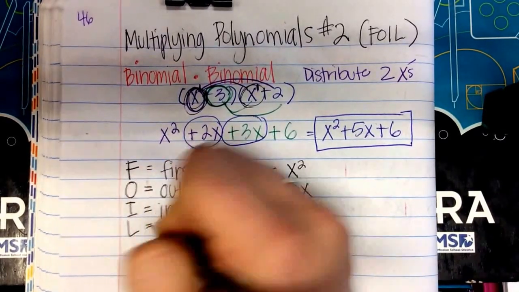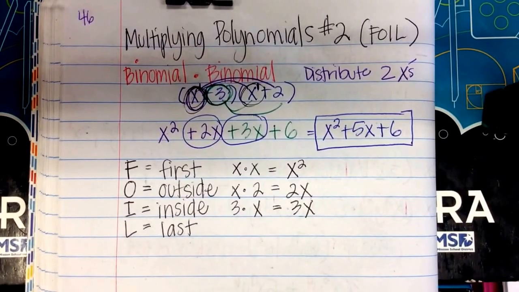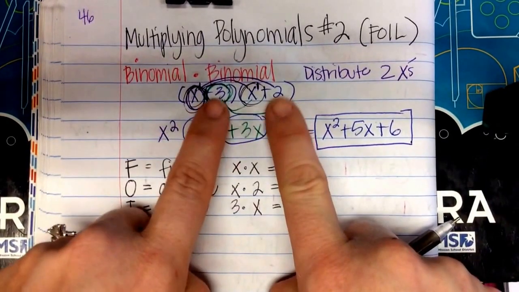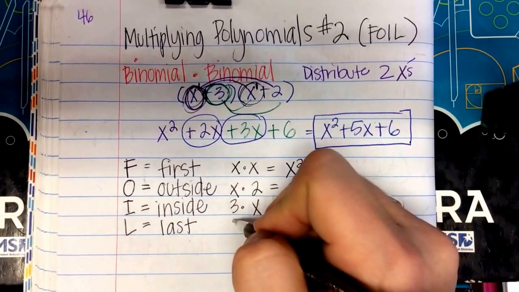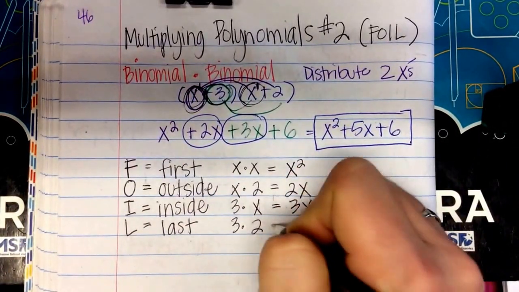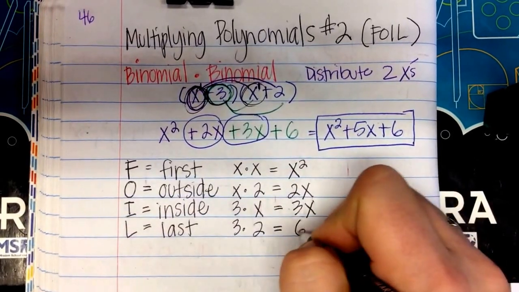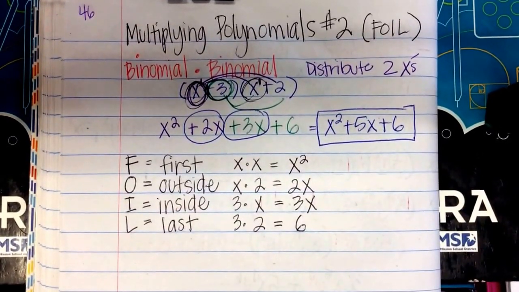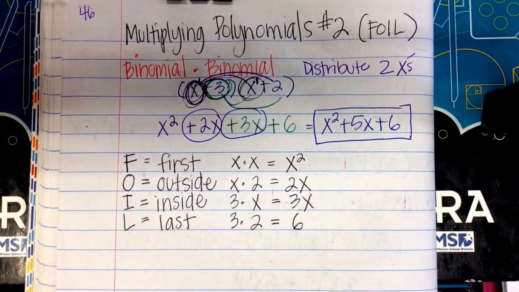And L stands for last. You multiply the two last terms. 3 times 2. And 3 times 2 is 6. First, outside, inside, last. You FOIL.